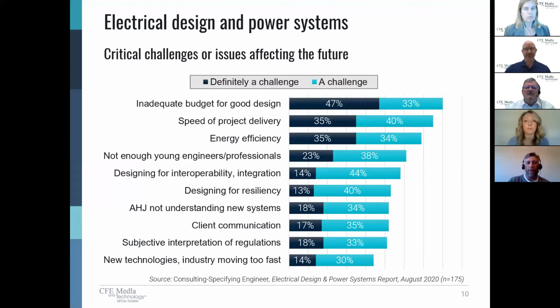Real quickly touching on some of the challenges as far as the budget restrictions. A good example would be hospitals. Right now, revenue is dramatically decreased in the industry, and their demand is increasing. They're going to be very restrictive on budget, and there's a lot of things that we're going to have to do within the industry to make sure that safety is not being compromised in the process.